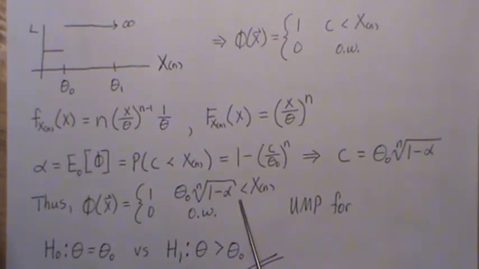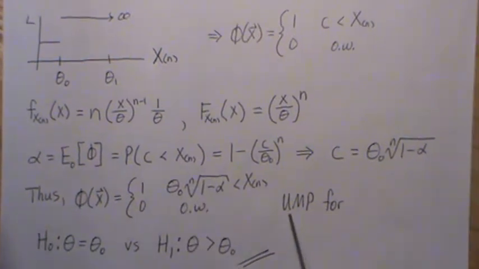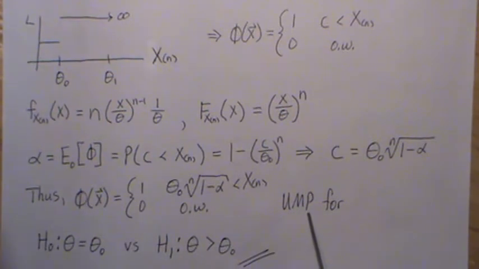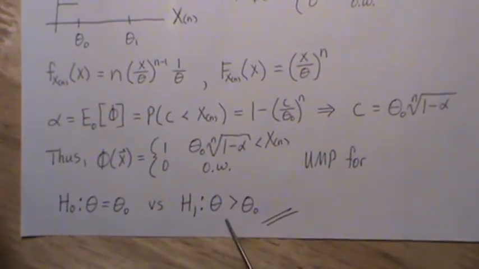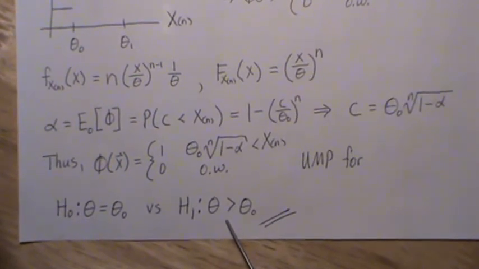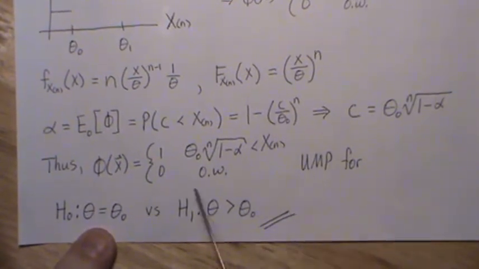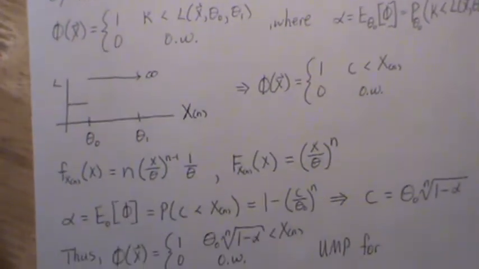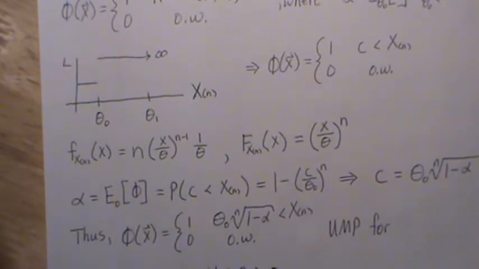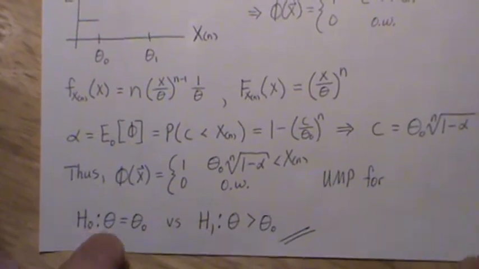So no matter what the theta 1 value is, this is most powerful. So that tells us it's uniformly most powerful for this one-sided hypothesis test. Now we're finished with this part and we'll come back to it.